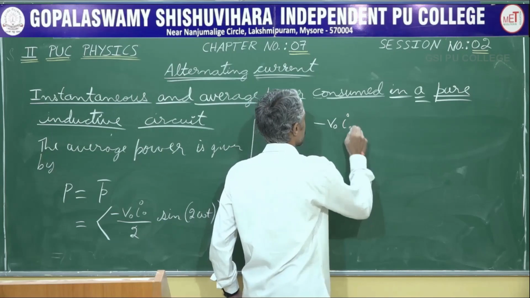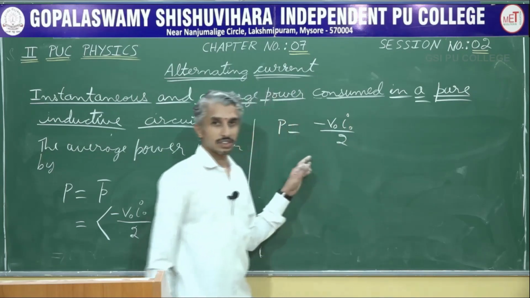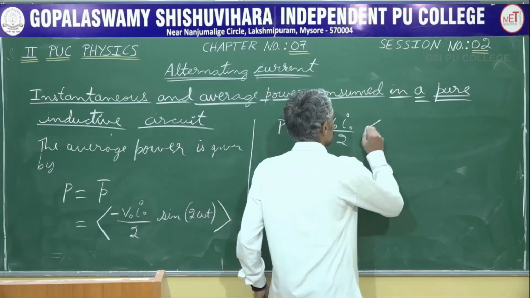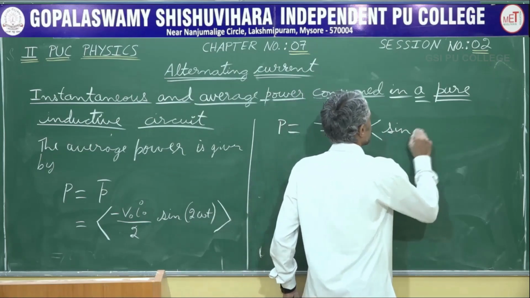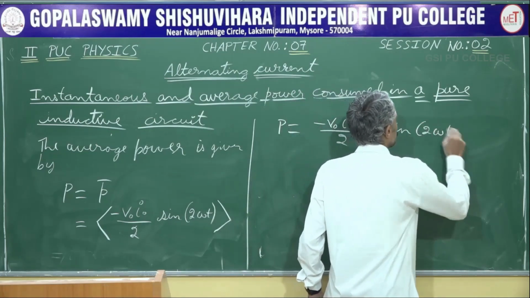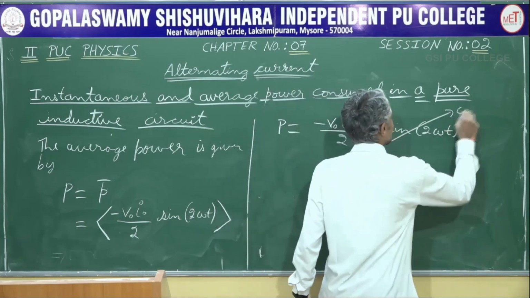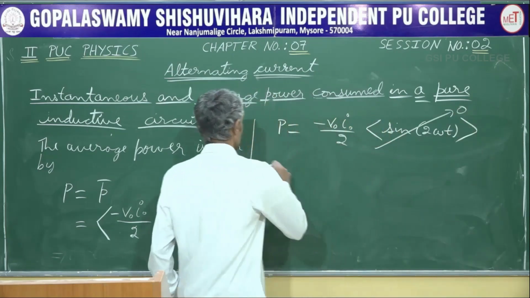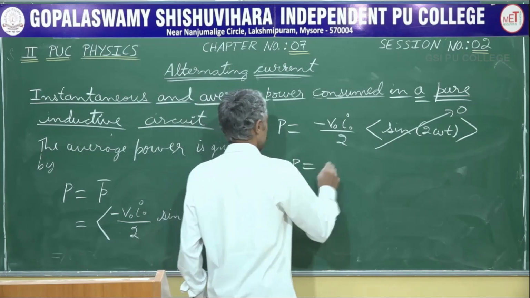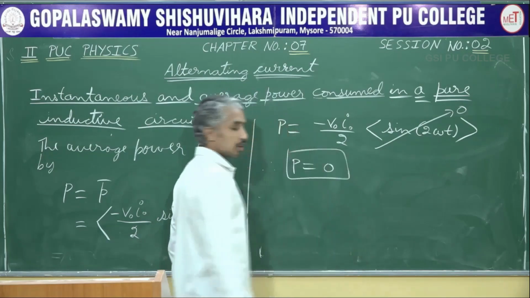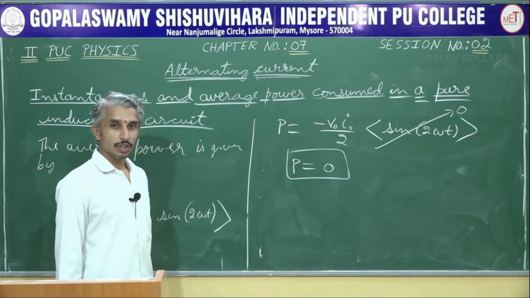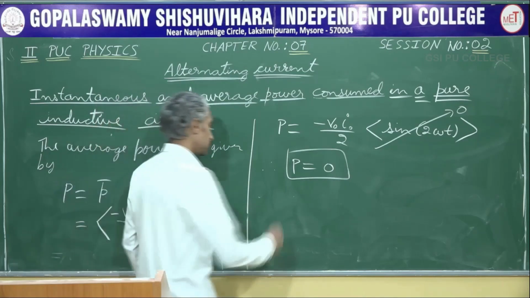Minus V naught into I naught by 2, they are constants, take them out, into average of sin of 2 omega t. The average of sin 2 omega t is 0. So, therefore, the average power consumed in a pure inductive circuit is 0.